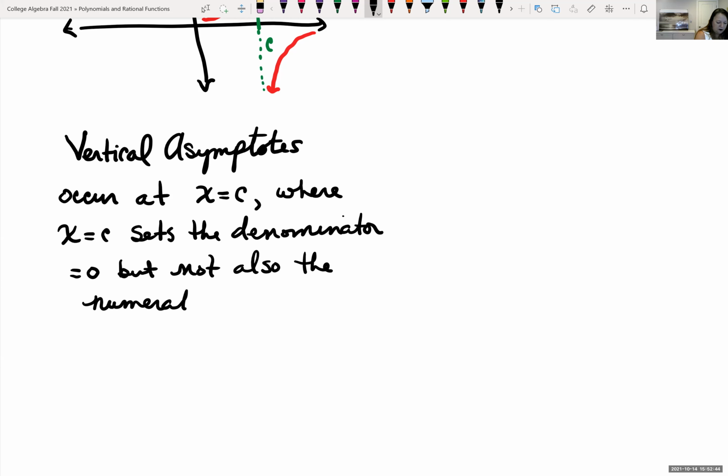So if we're looking for our vertical asymptotes, then we're going to have to factor both the numerator and denominator and see what value sets the denominator 0, but not also the numerator.